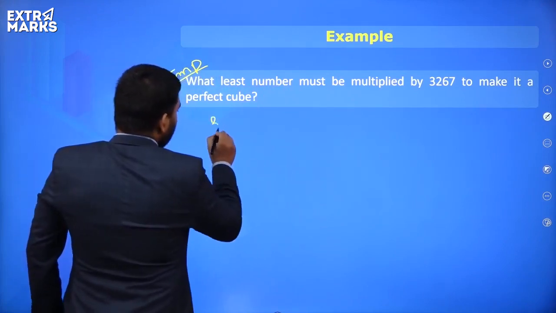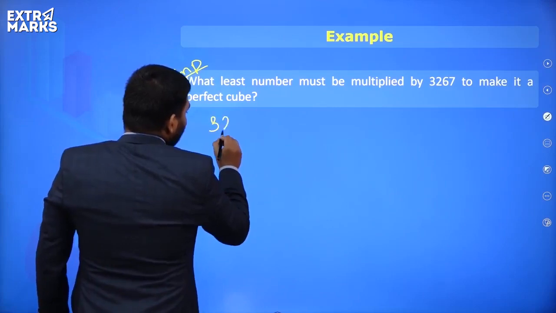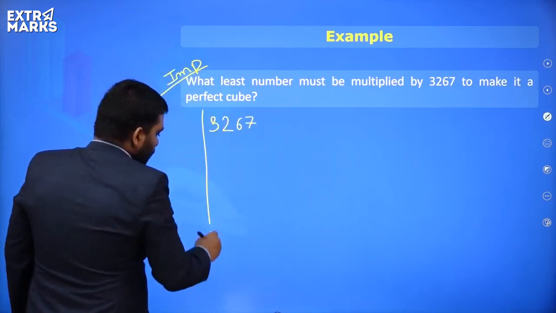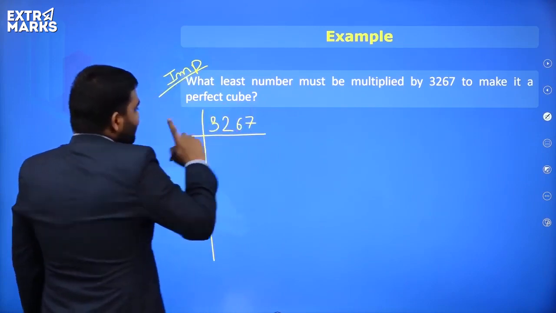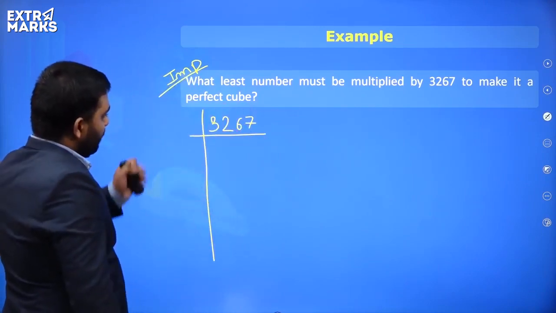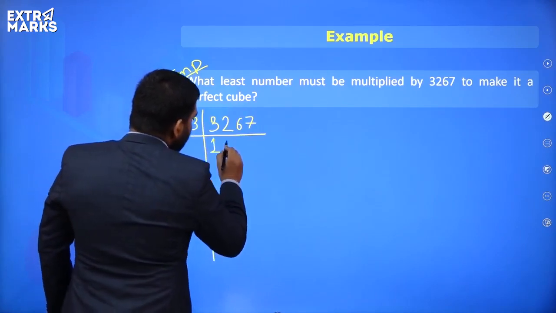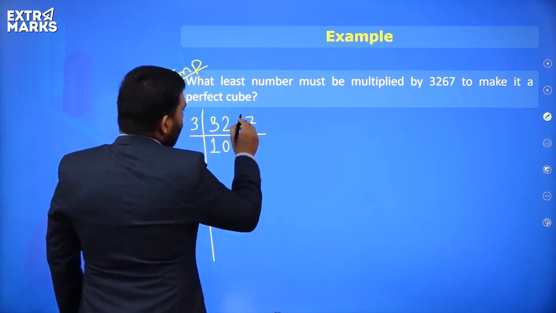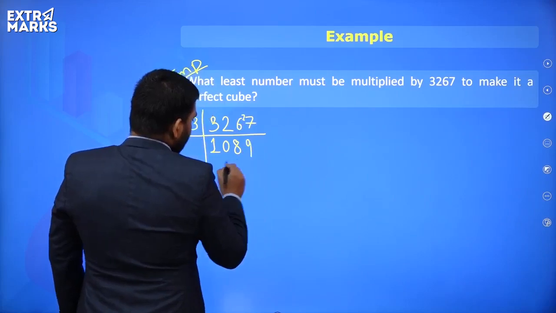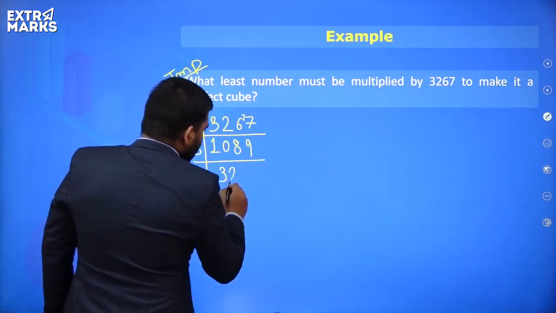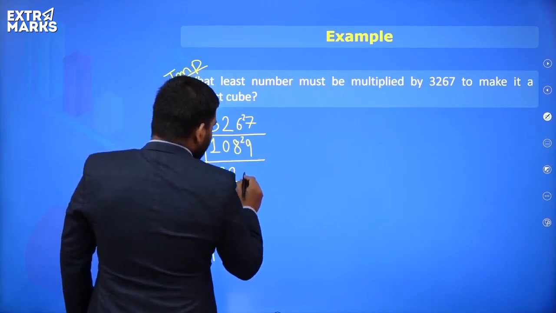Let's do that. So 3267. So now everyone, this number is not divisible by 2. It is divisible by 3. 3 ones are 3, 3 8s are 24, carry 2, 3 9s are 27. Then 3 3s are 9, 3 2s are 6, 3 9s are 27.